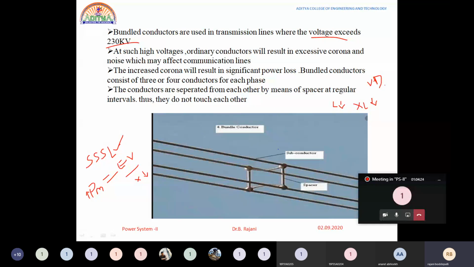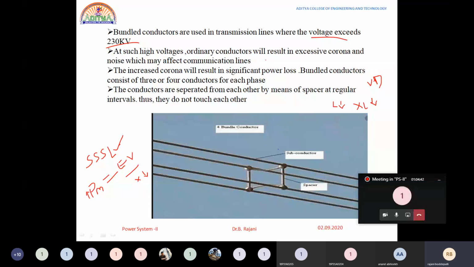Surge impedance loading is also increased. We will see this in the next chapters, on long transmission lines. We will see what the characteristic impedance and surge impedance loading are. Okay, if the conductor diameter has been increased at such high voltages, with an ordinary conductor, what does it do?